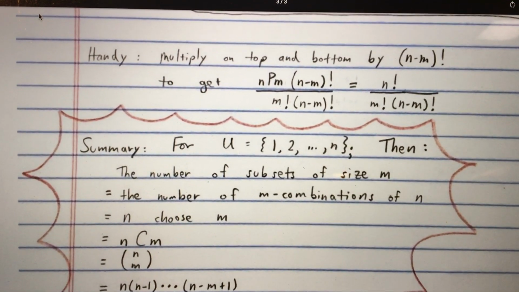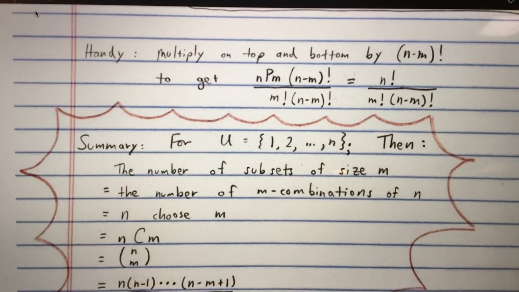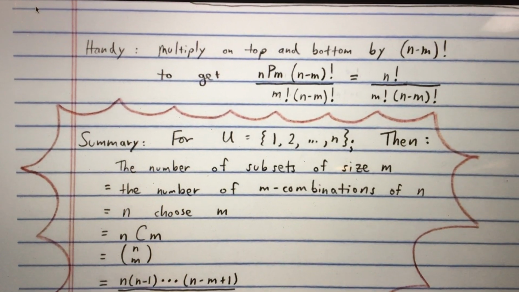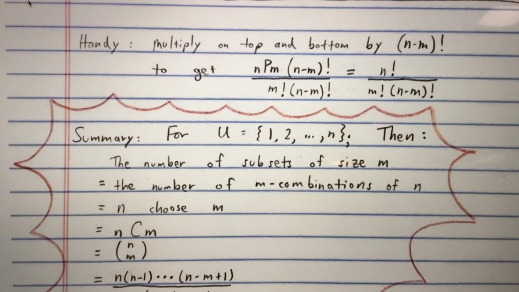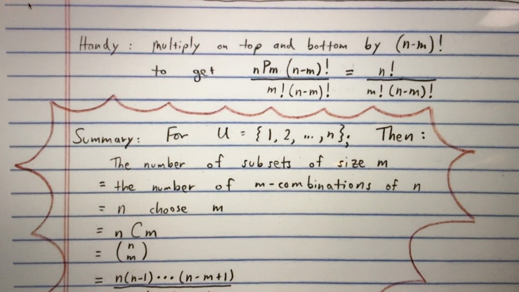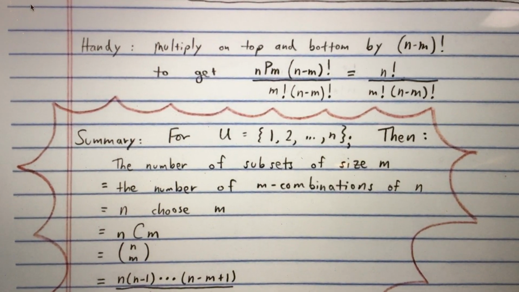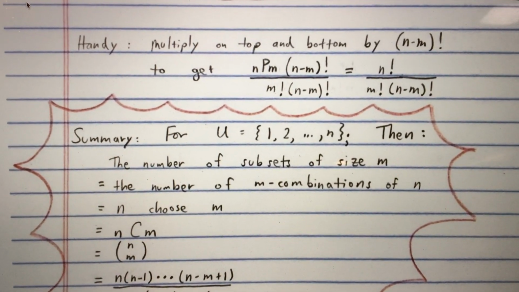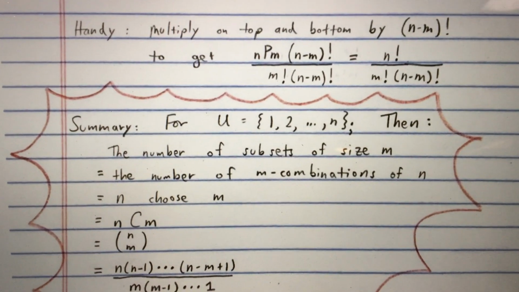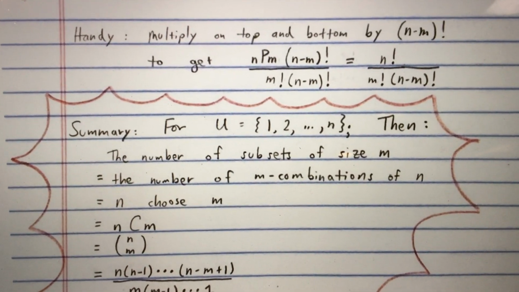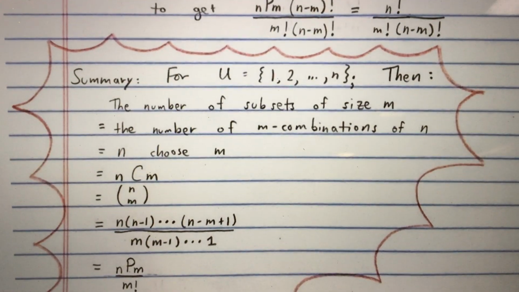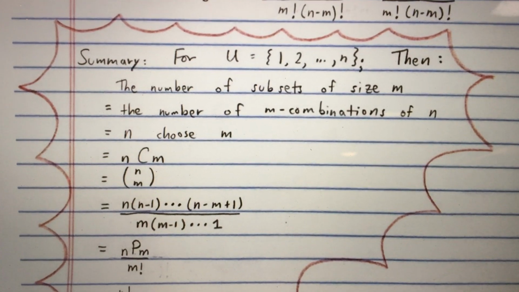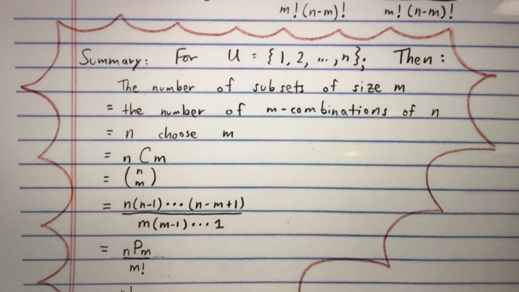So, again, for a set that has n items, 1 through n, for instance, the number of subsets of size m is equal to the number of m combinations of n, just another way of saying it, which is equal to n choose m, a third way of saying it, which is equal to the symbols nCm, or n over m without a fraction bar, you can tell easier this time, in parentheses.